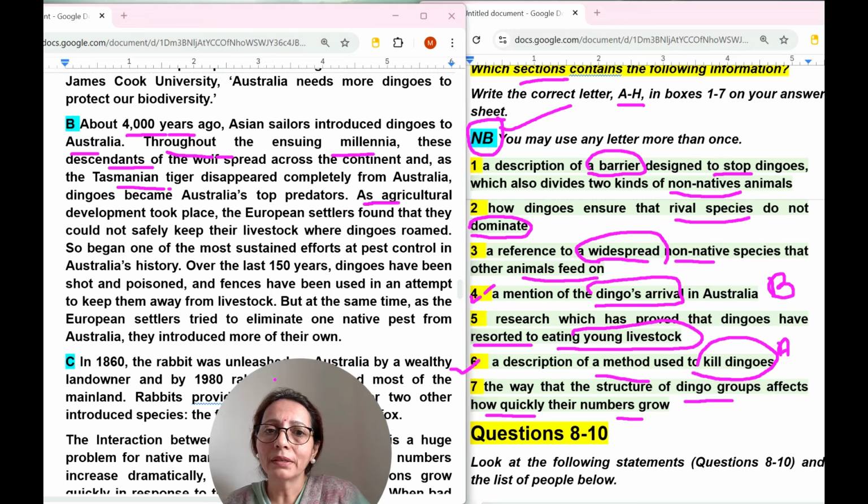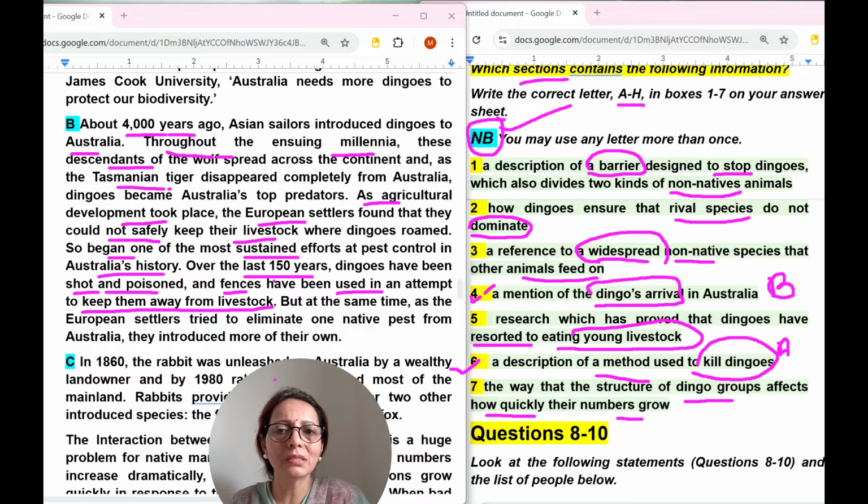As agricultural development took place, the European settlers found that they could not safely keep their livestock where dingoes roamed. Okay, so began one of the most sustained efforts at pest control in Australia's history. Over the last 150 years, dingoes have been shot and poisoned, and fences have been used in an attempt to keep them away from livestock.